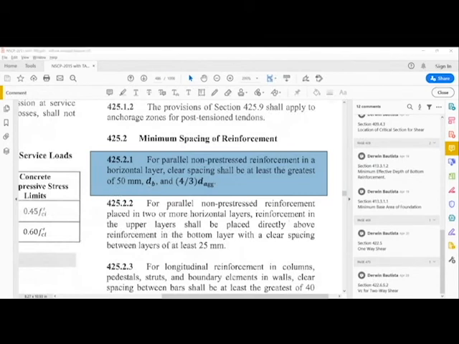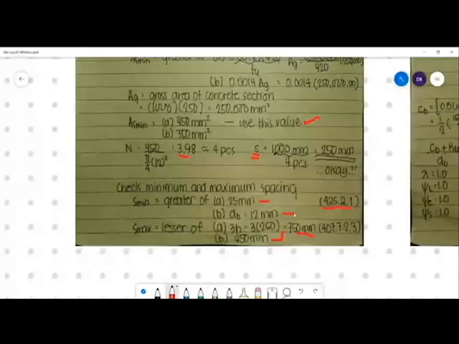Going back, 20 millimeter and 12 millimeter. So the minimum we need is 25 millimeter, and our computed spacing is just okay.